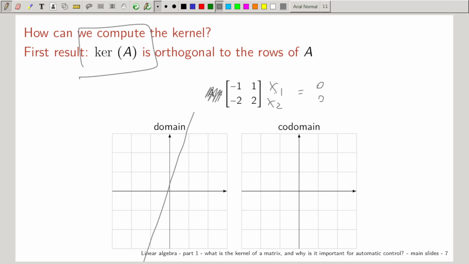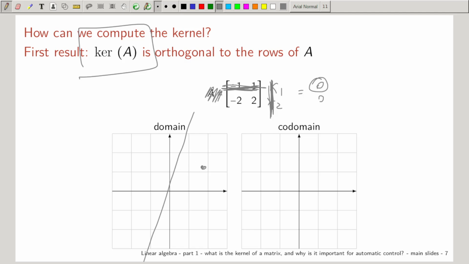Whenever I take this times this, I need 0. True? That means that this vector and this vector are orthogonal. True? Are we together?